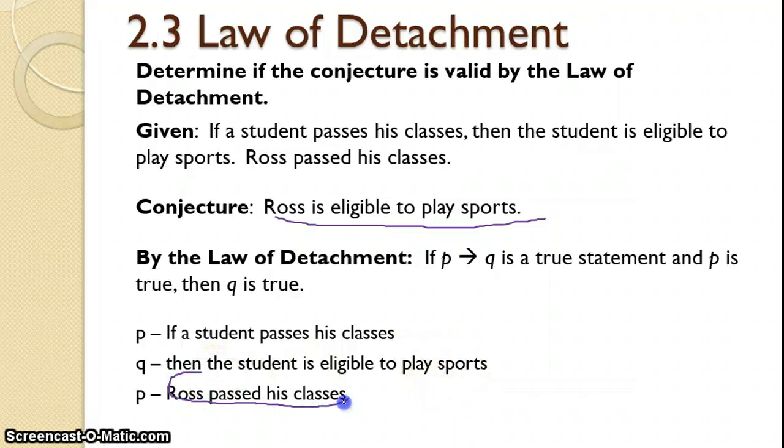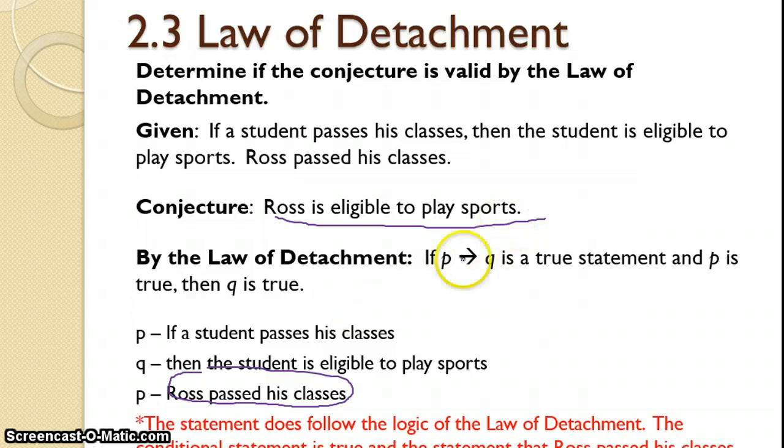Ross passed his classes. So is he eligible to play sports? In this case, yes, it does follow the logic of the law of detachment. The conditional statement is true, and the statement that Ross passes his classes is true. Therefore, it is a valid conjecture.